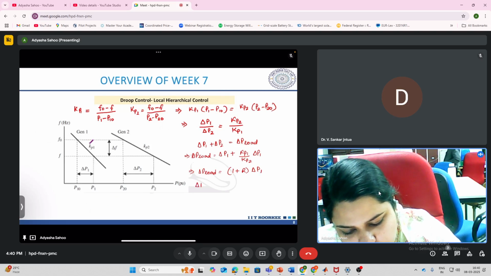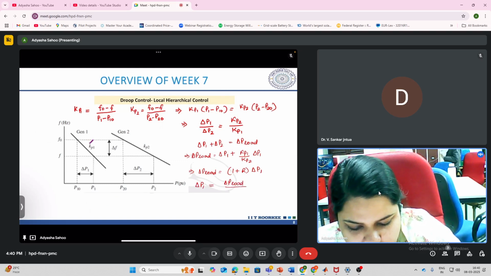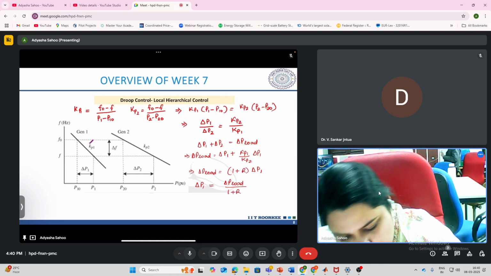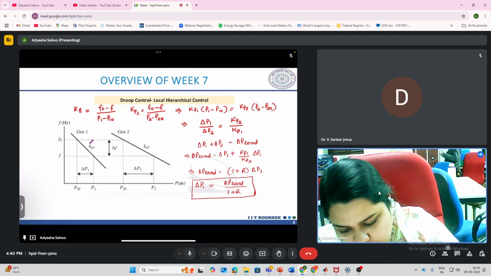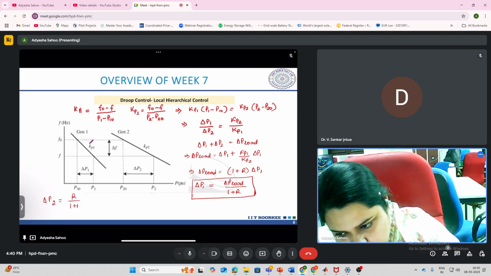From here you can get delta P1 as delta P load by 1 plus R. So the increase in generator output for generator 1 is given by this expression, and similarly, substituting it, you can get delta P2 as R by 1 plus R.